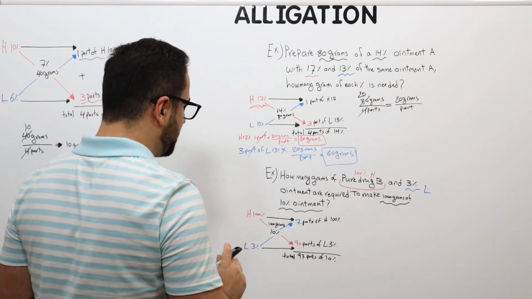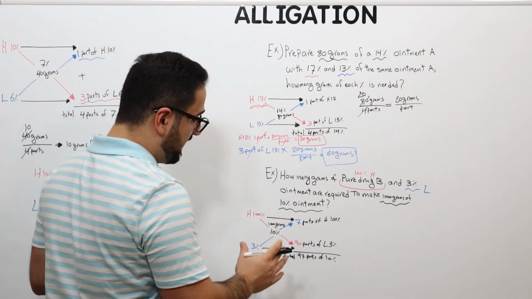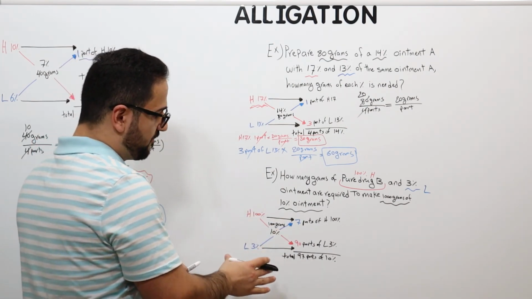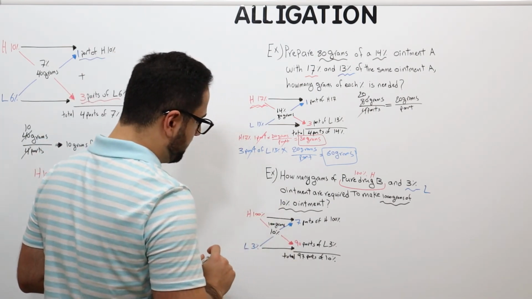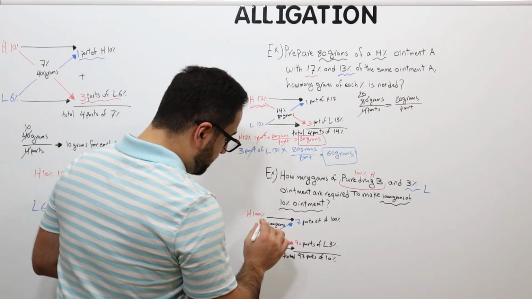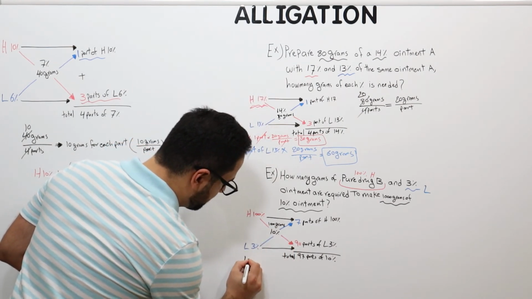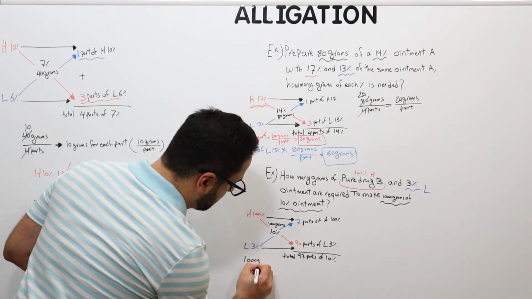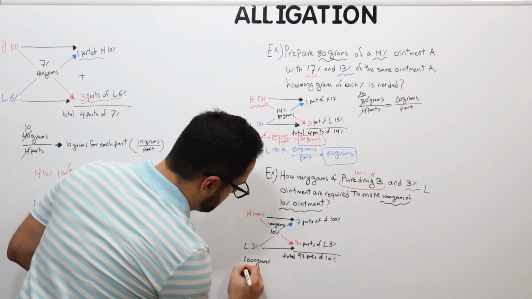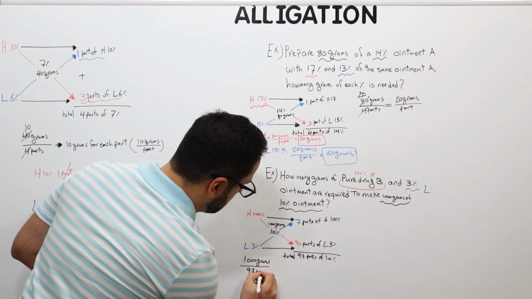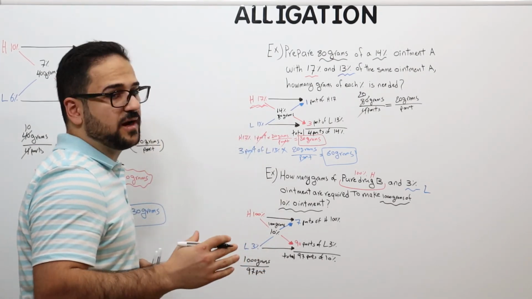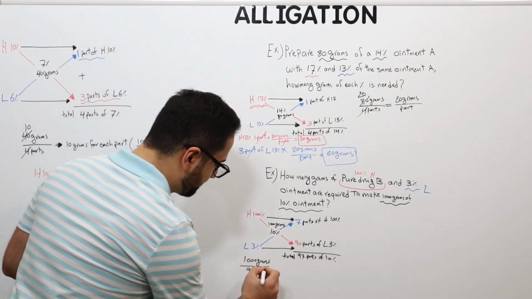So the next step is basically finding out how many grams are for each part. To do this, we need to divide 1,000 grams over 97 parts in order to find how many grams per part.